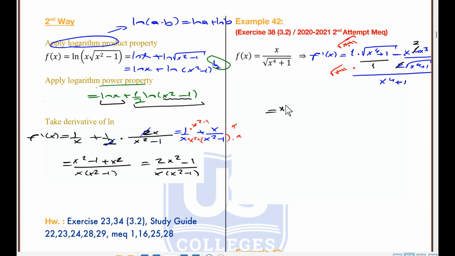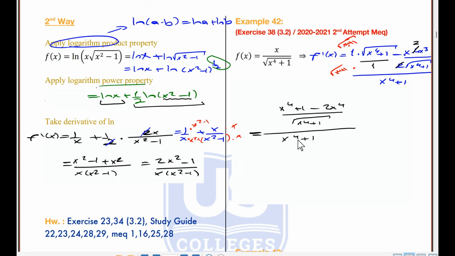So just x to the fourth plus 1 remains, minus x times x cubed, x to the fourth, and we have 2 in front, divided by square root of x to the fourth plus 1, all over x to the fourth plus 1. Let me clear this equal sign here. It's supposed to be here in front of the big fraction bar.